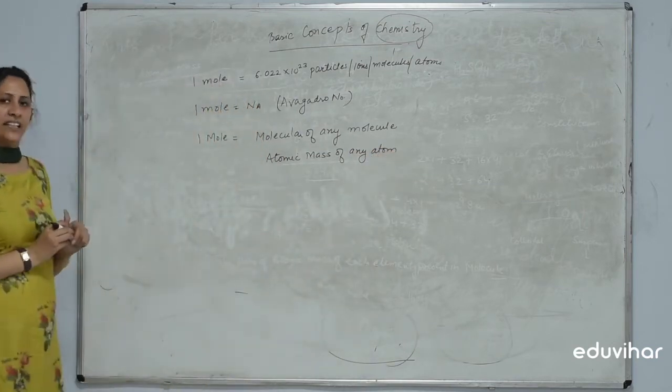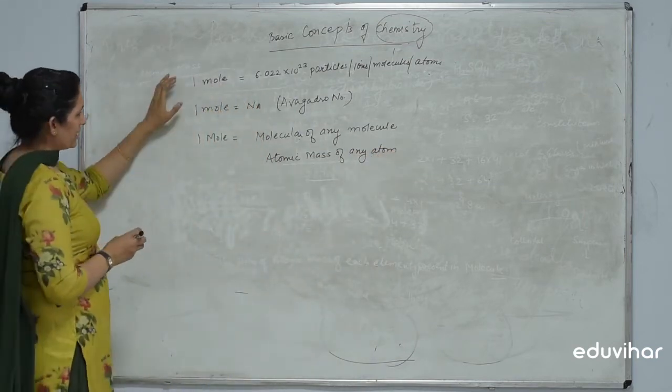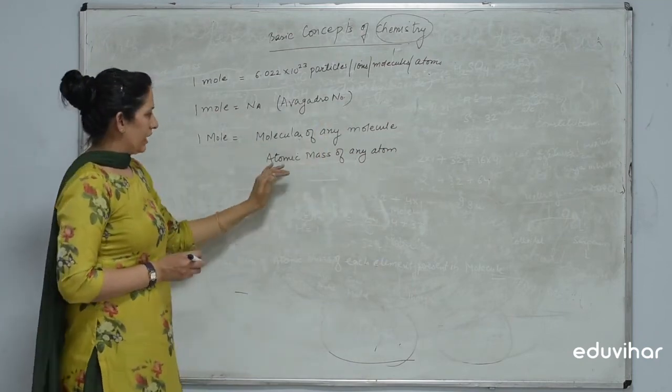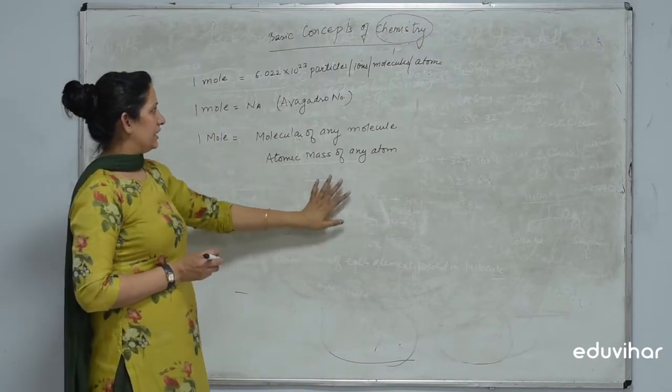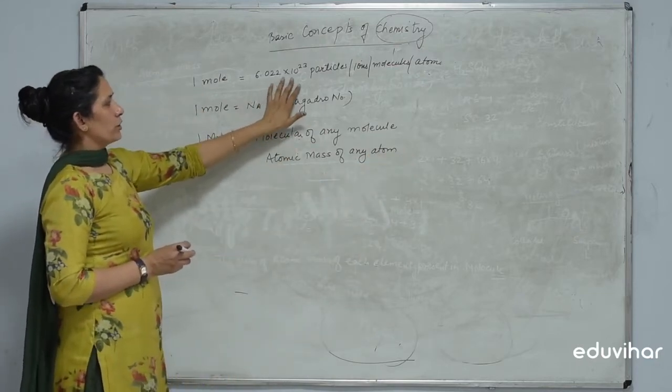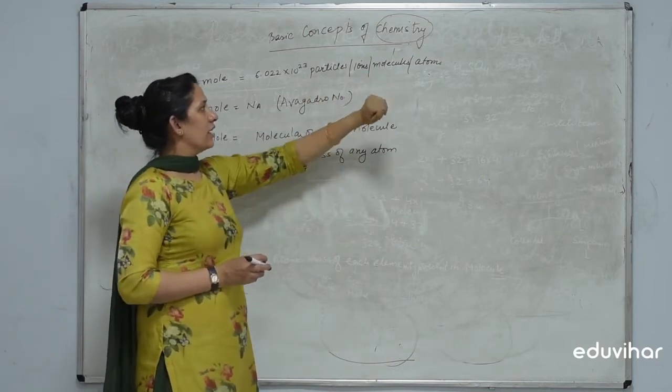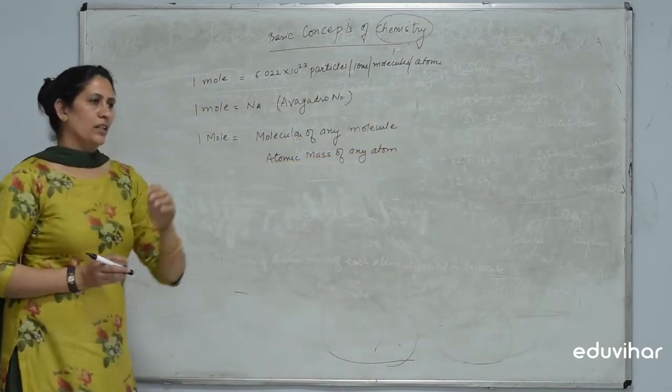It means the molecular mass of any molecule and the atomic mass of any atom contain 6.022 into 10 to the power 23 particles, ions, molecules or atoms.